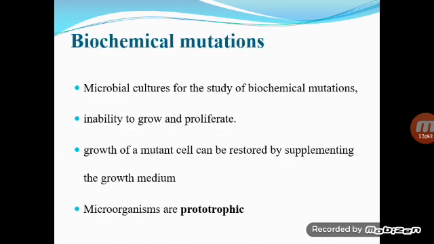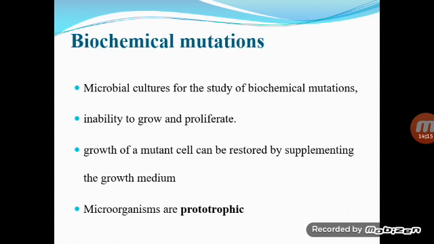Next type of mutation is a biochemical mutation. Biochemical mutations are mostly studied in microbes. Microbial cultures are a convenient material for the study of biochemical mutations, which are identified by the loss or change of some biochemical function of the cells.